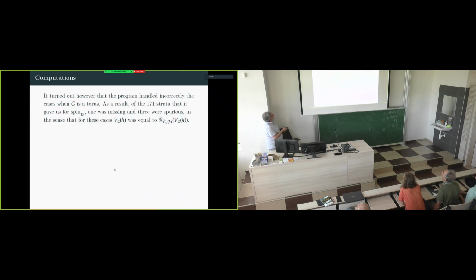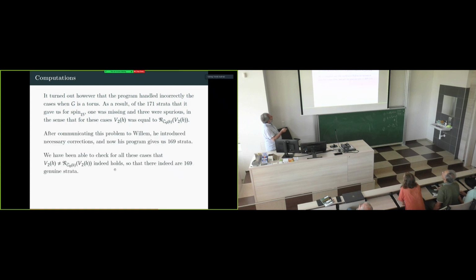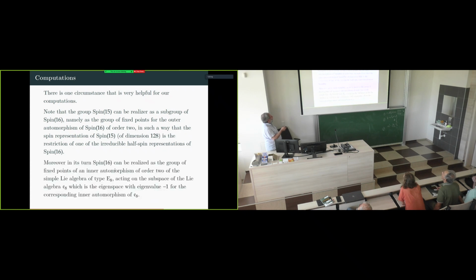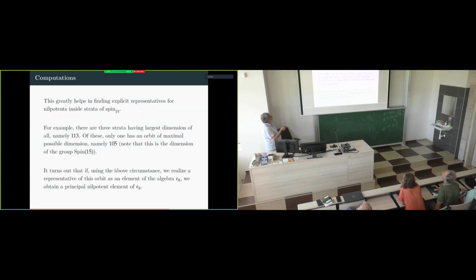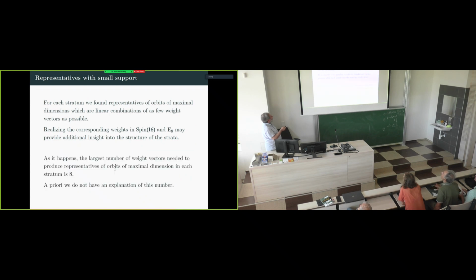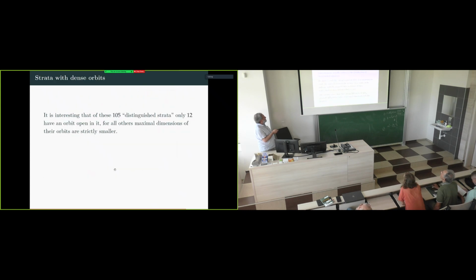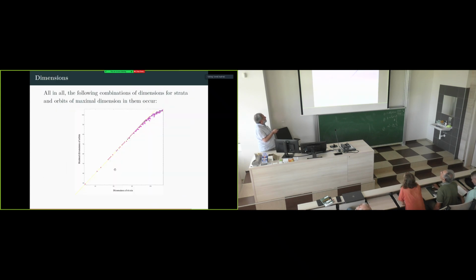I think I'll skip mostly this text. I just want to show some samples of calculations. There are some technical details, but I think they are not so important. These are, for example, dimensions of strata and dimensions of orbits of maximal dimension in the strata.